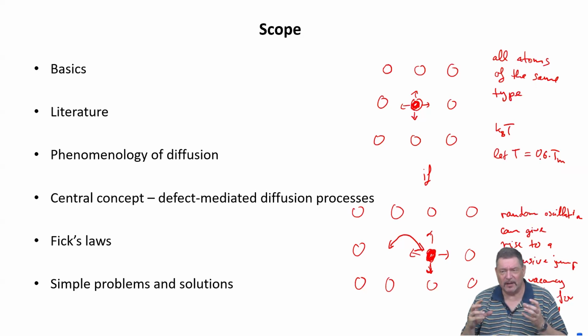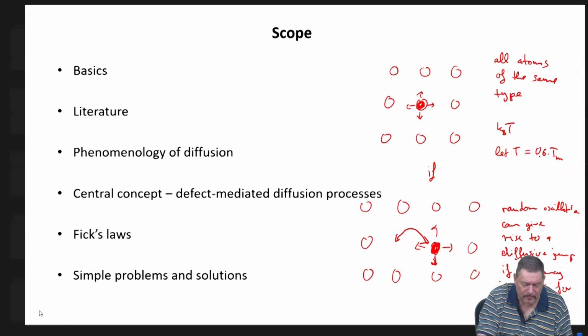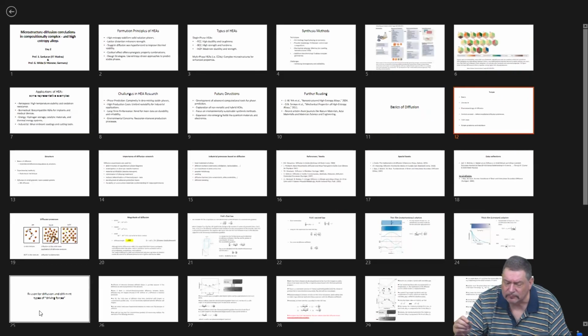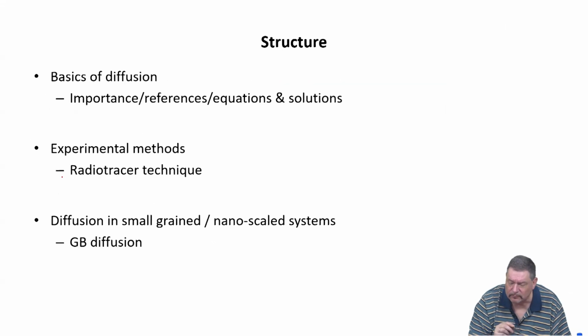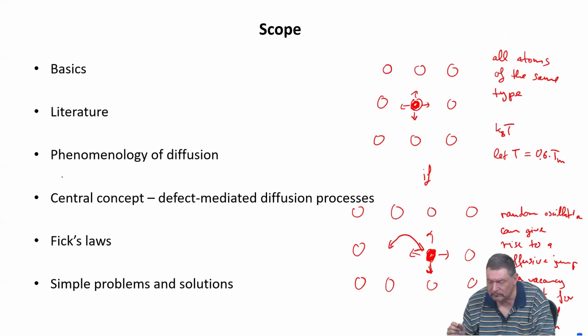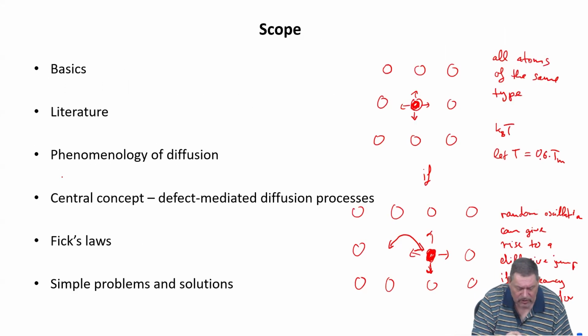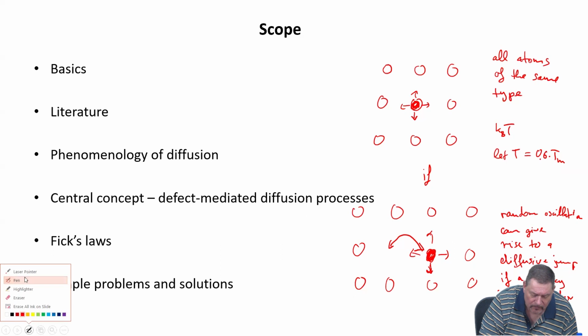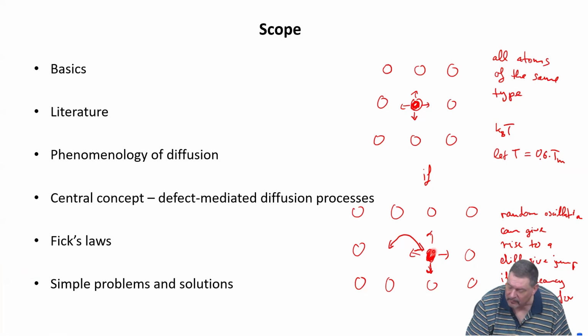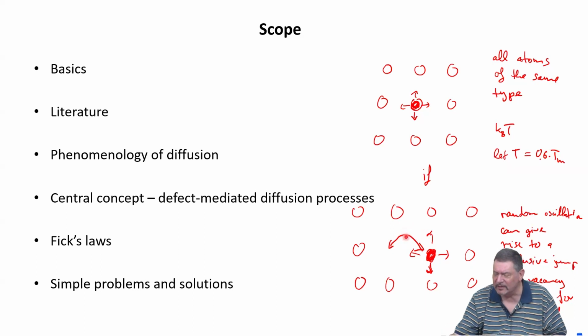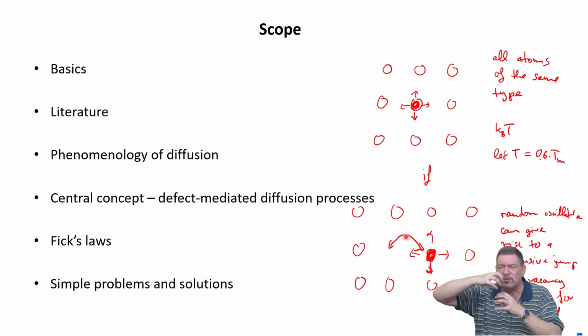So it means in order to go from this position here to this position here, there is an intermediate so-called transition state where these neighboring atoms are too close together.